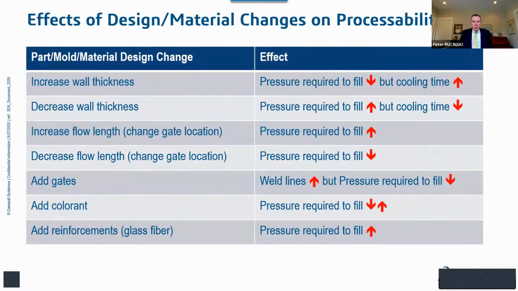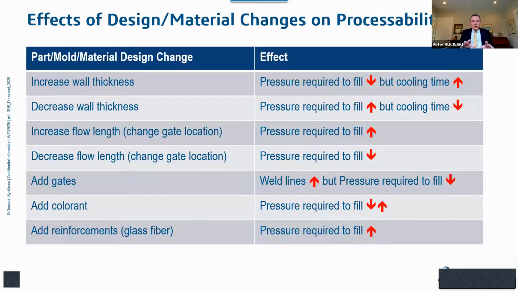Just so you can see some of the ways that the process gets complicated: we can make part design changes, we can make mold design changes, we can make material changes, and then we can change process parameters at the injection molding machine.